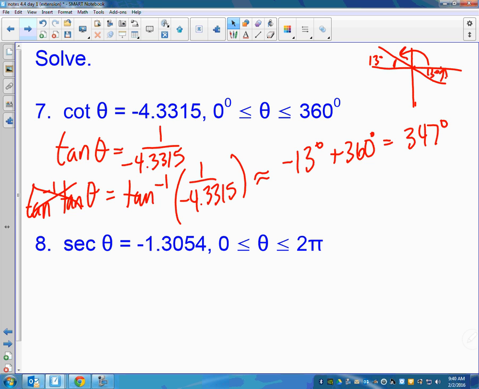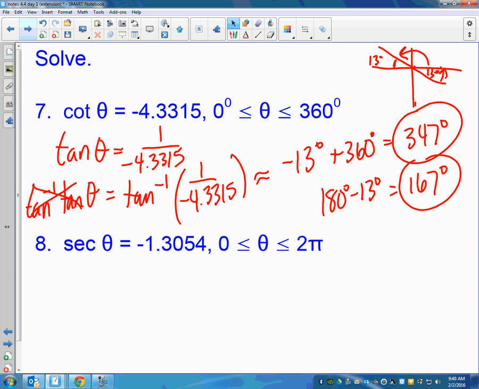Could I figure out what measure that angle is going to be? Just 180 minus 13 degrees. So there's another answer that's 180 minus 13 degrees, which is 167. Your calculator doesn't give you 167, right? You have to know to find that second angle.